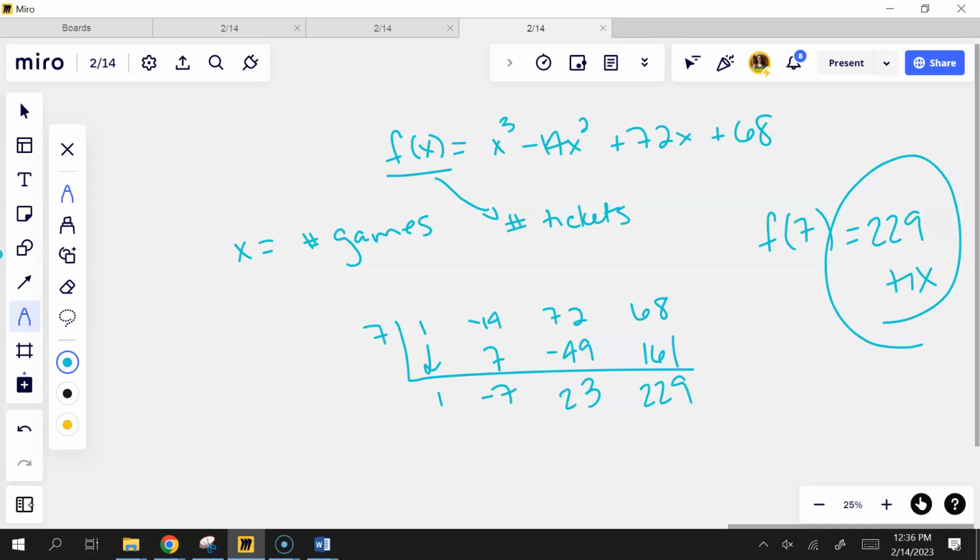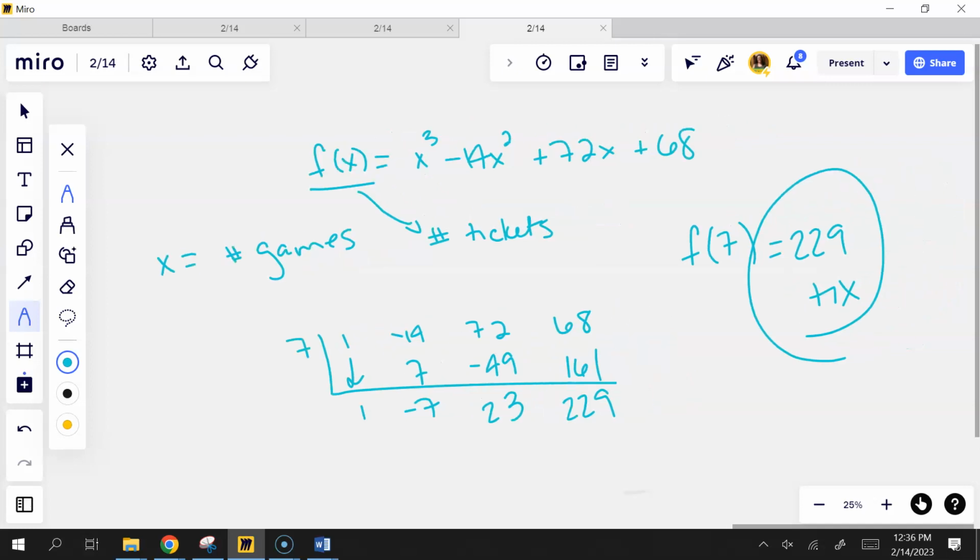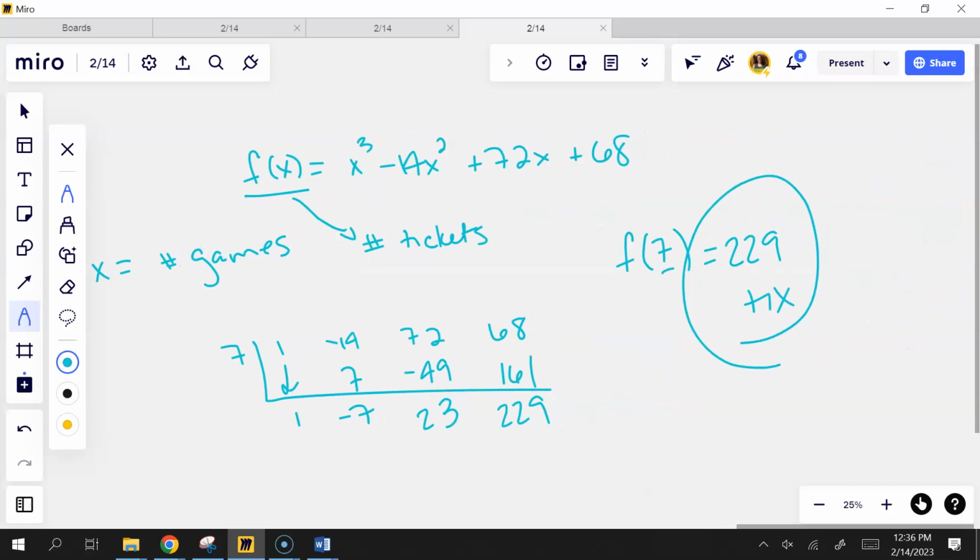Whenever it's telling you to plug in, the same number that you plug in here goes in here, but what I really divided by was x minus 7.